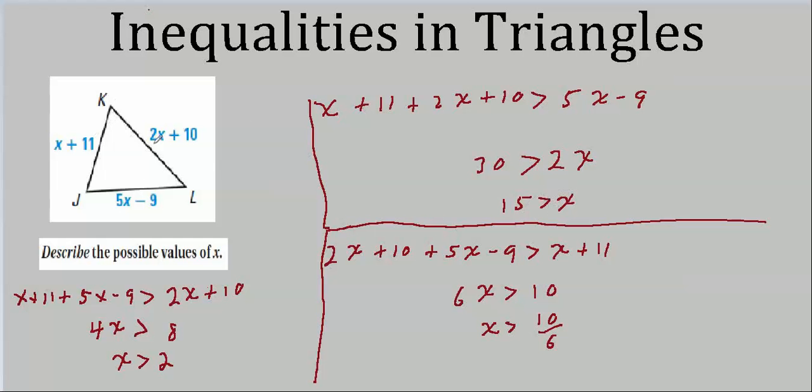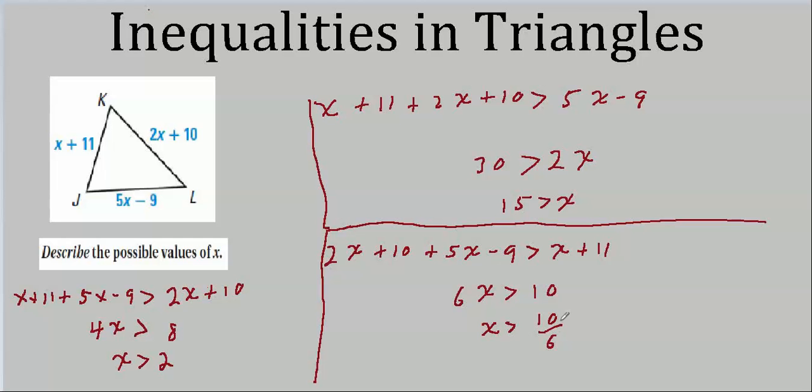So I checked the others to see if I get a range, because I might end up with something like x is greater than 15 and x is, say, less than 17, so that the numbers between 15 and 17 would work. We'd have a range. This one didn't quite work out that way. Our next equation says that x has to be greater than 10 over 6, if I didn't mess up the arithmetic.